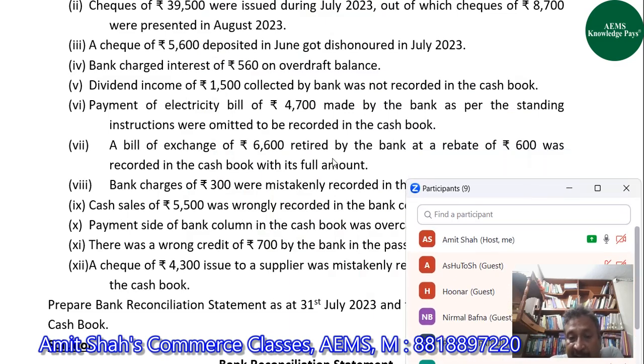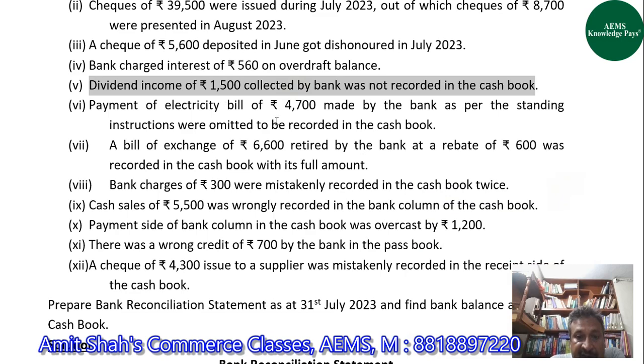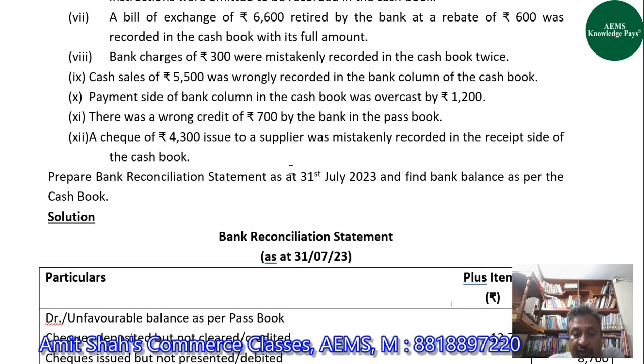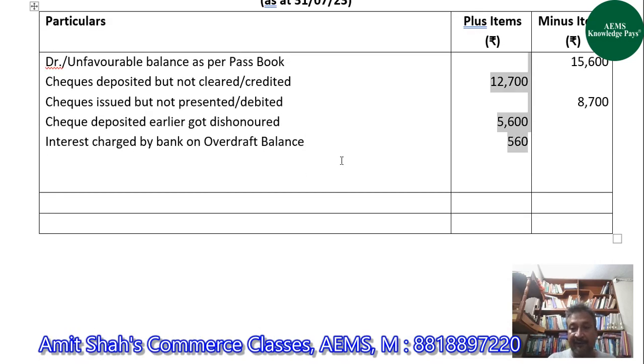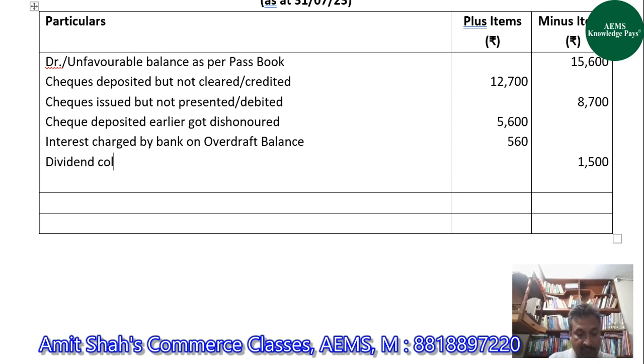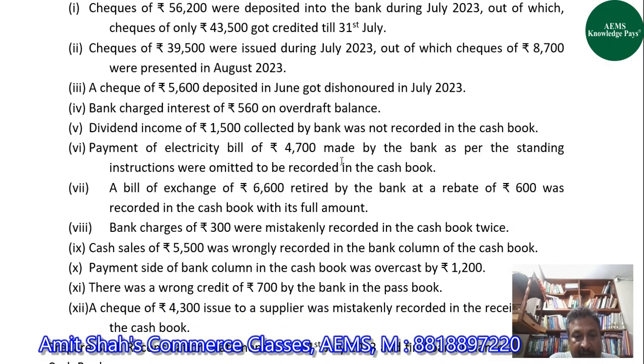More. Right. Since it is not recorded, our cash book balance is lesser by 1,500 as compared to the passbook balance, and that is why it will come in the minus column. Dividend collected by the bank. Right, guys?